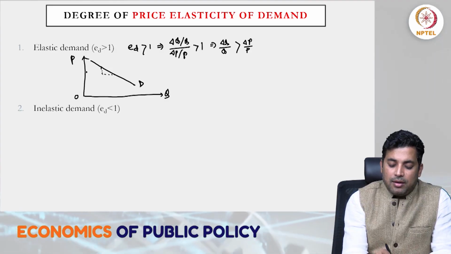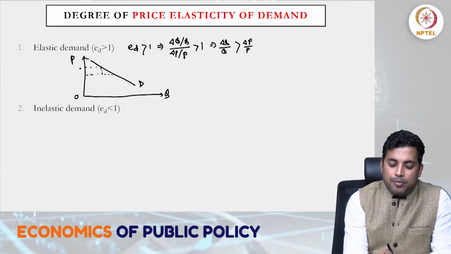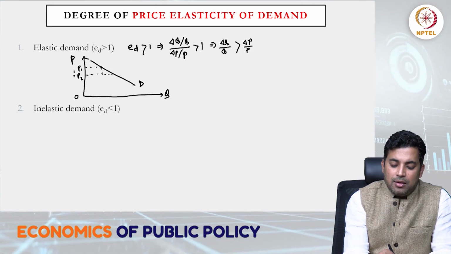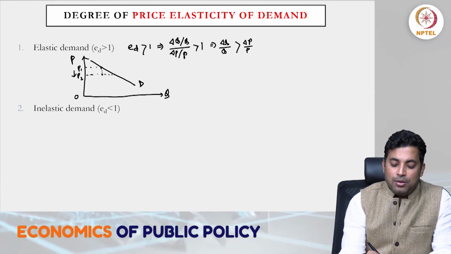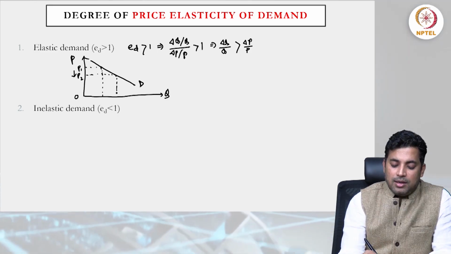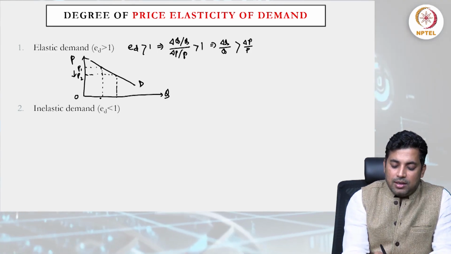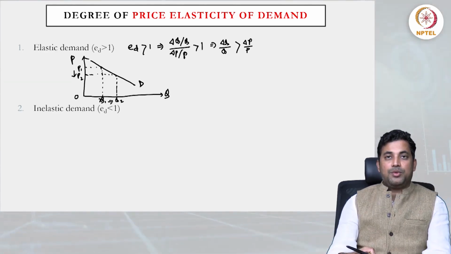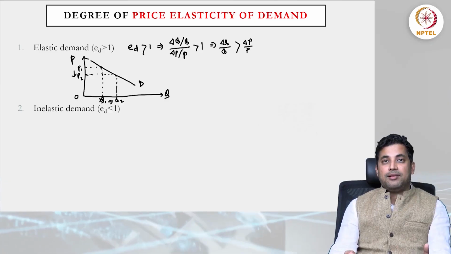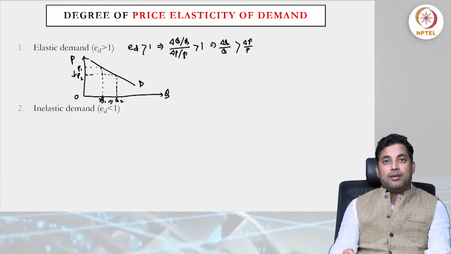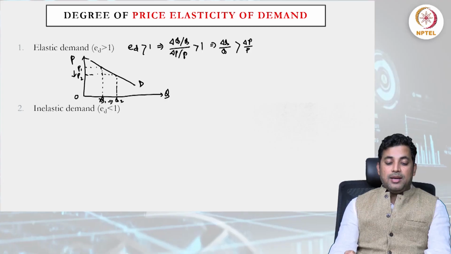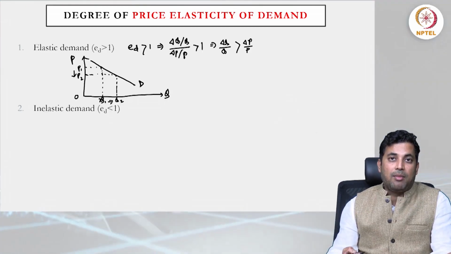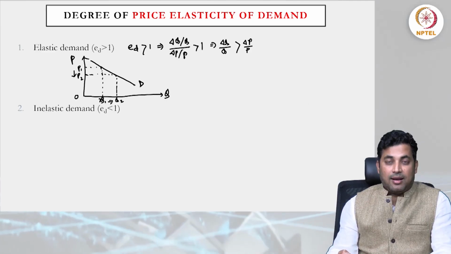Say the price is reduced from P1 to P2, but then you can see that the change in quantity will be higher as compared to the change in the price. So this is the demand curve in case of an elastic good, or when price elasticity is elastic.